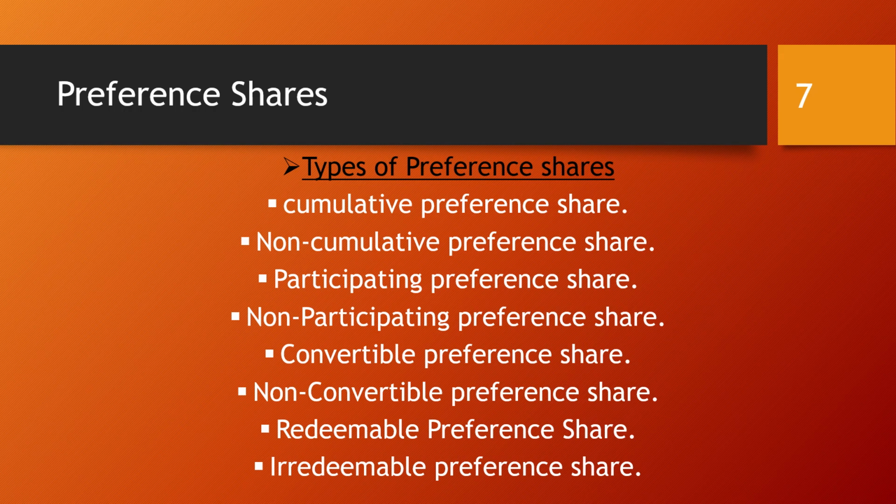Participating preference shares share extra profit. Non-participating preference shares do not share extra profit. Convertible preference shares can be converted into equity shares after a specific period.